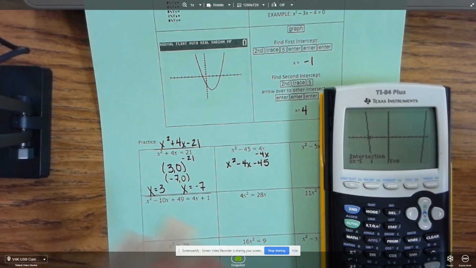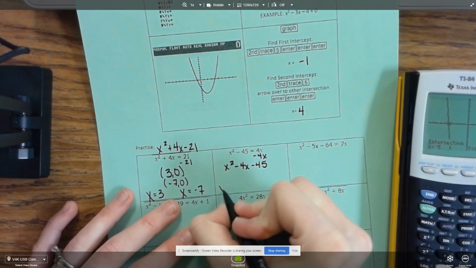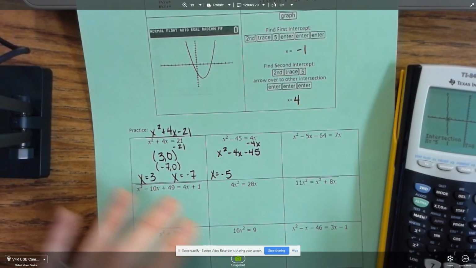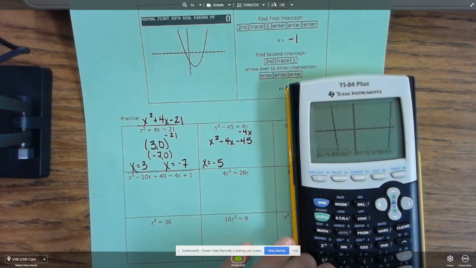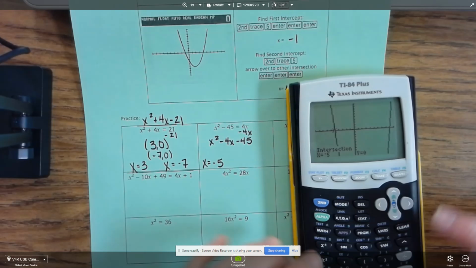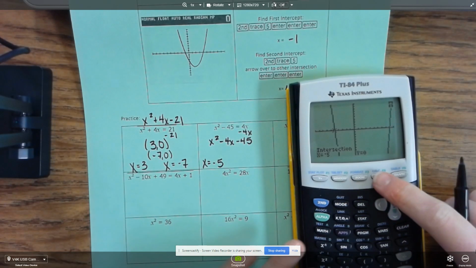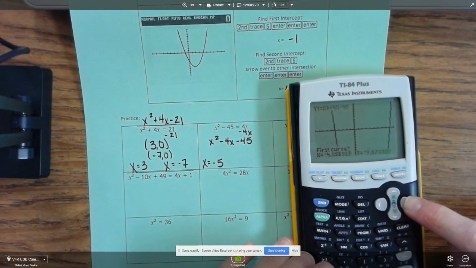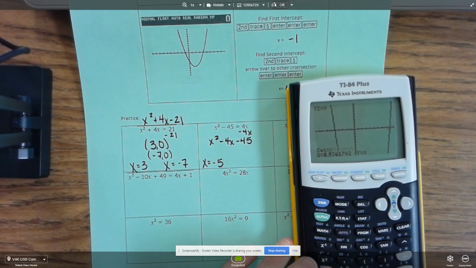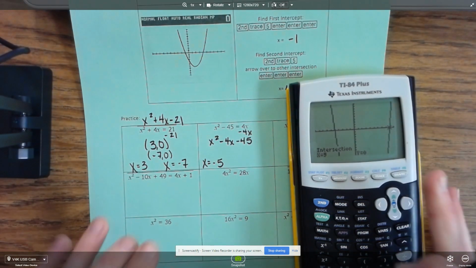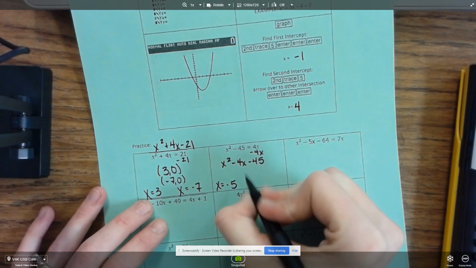And so here I've got an intersection where x equals -5. I'm going to move this one over. Oh, there it is. And I've got x equals 9.